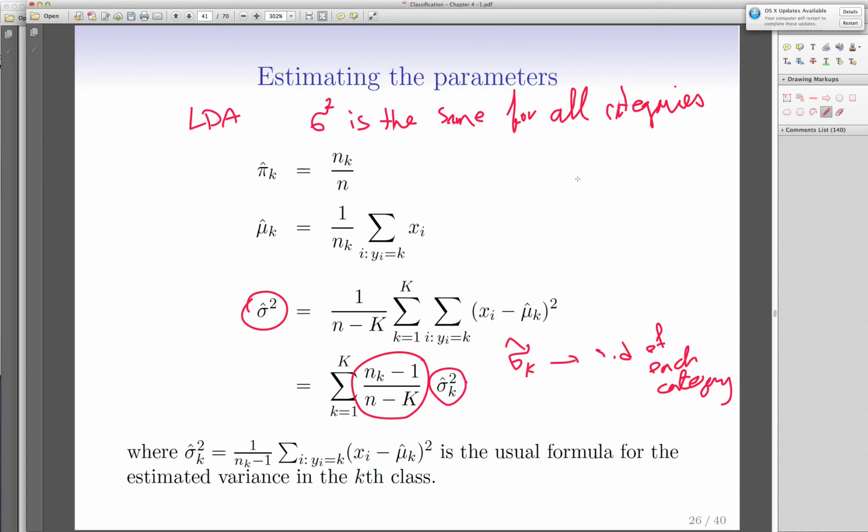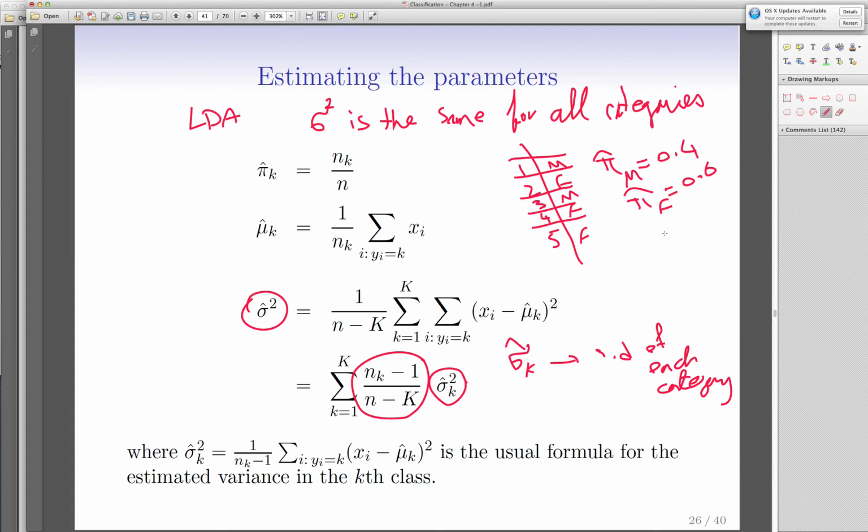For example, let's say you have only 5 observations. So let's say 1, 2, 3, 4, 5. 2 are males, 3 are females. So pi hat of male in this case is 0.4. Pi hat of female is 0.6 because we have 3 females.